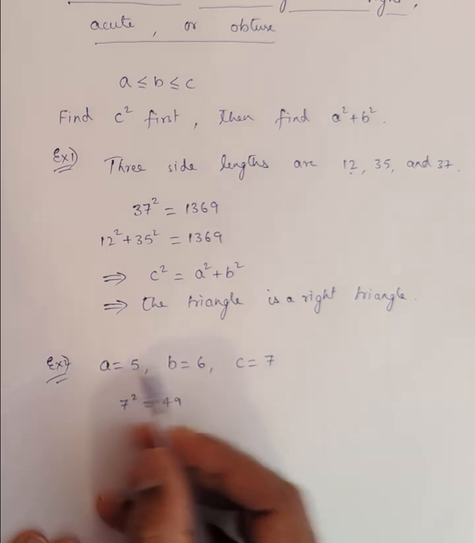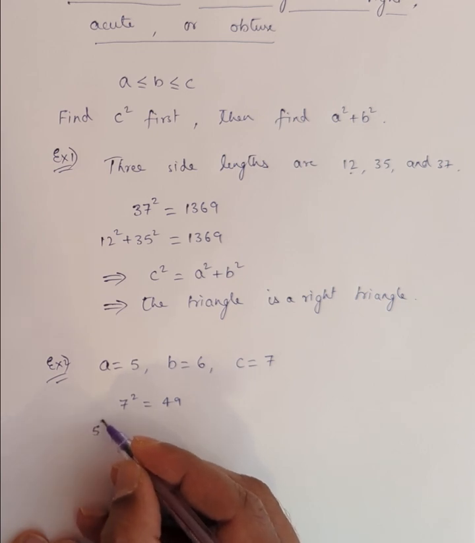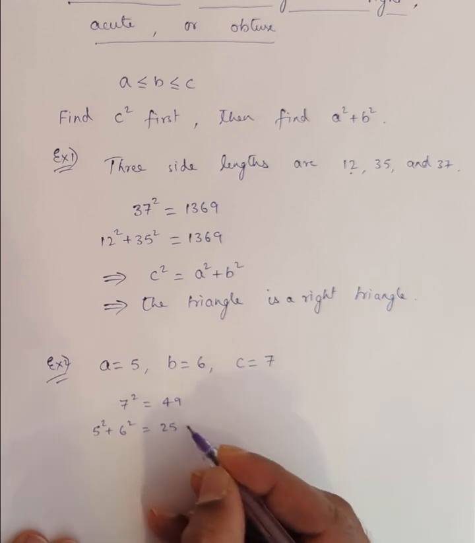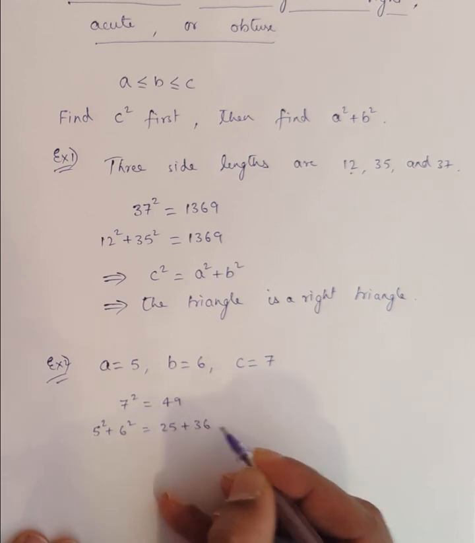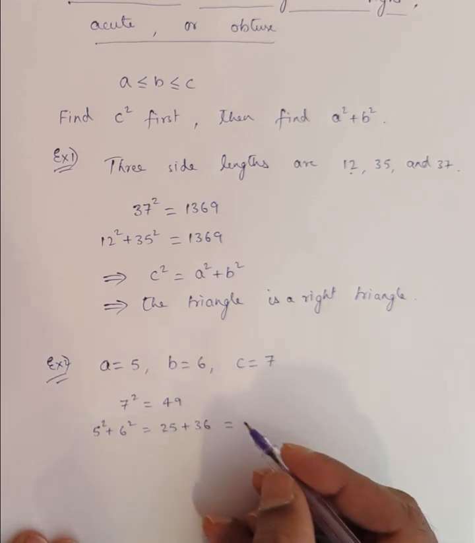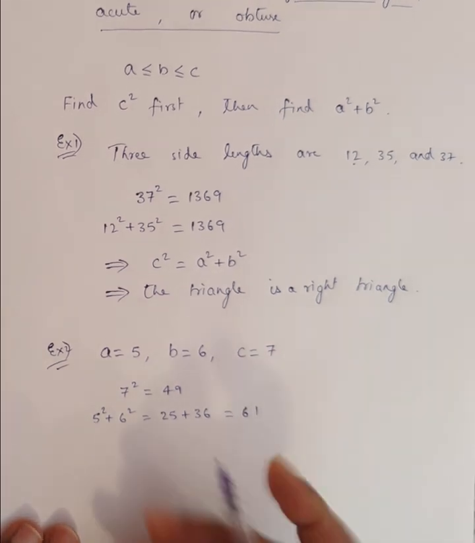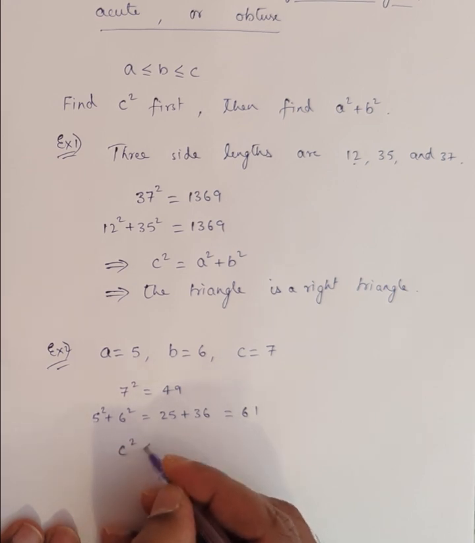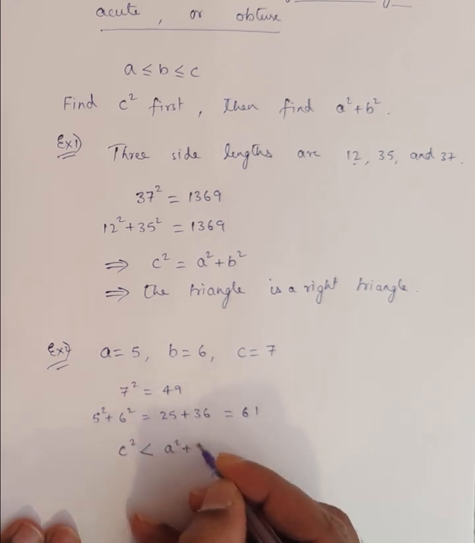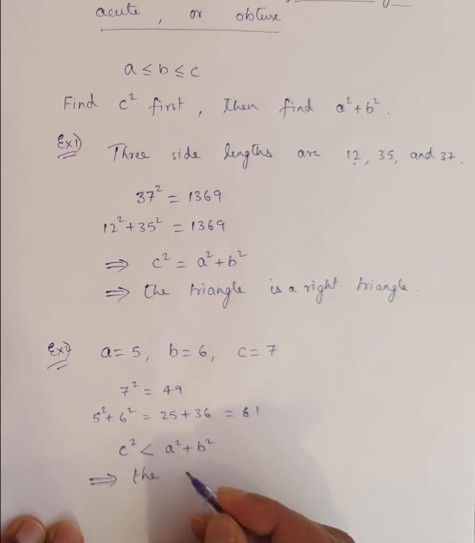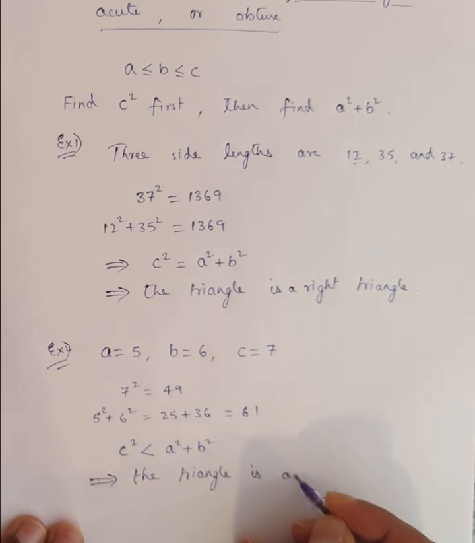But the smaller sides, 5 square plus 6 square: 5 square is 25, 6 square is 36, and if you add, what you get is 61. So what we found is C square is less than A square plus B square. So in this case, the triangle is going to be acute.